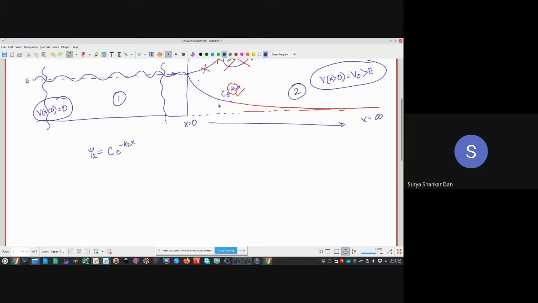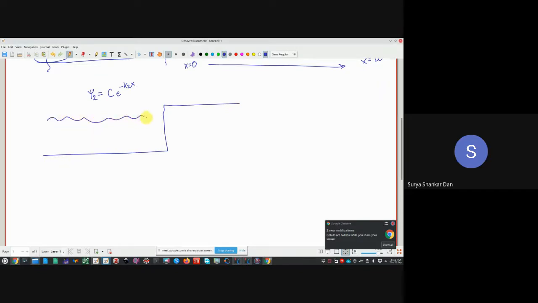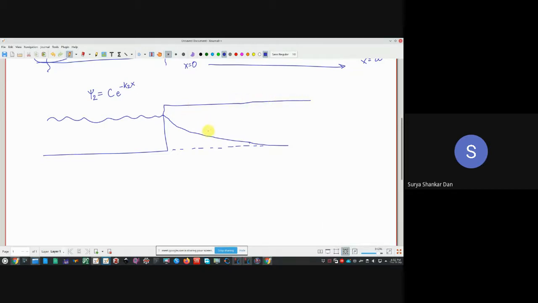Now, let us understand this scenario first. It is like this. The particle is coming and bombarding at this part. Since the D part is not here, it will always be monotonically decreasing, like this. Okay, then what does it imply? That there are two factors coming into the picture.